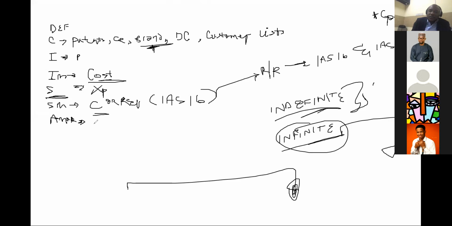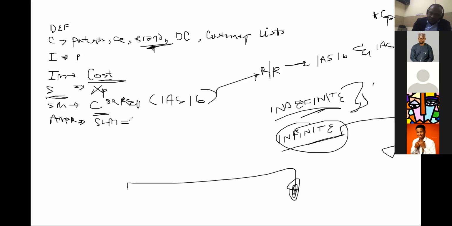So amortization will be carried out for all intangibles with a finite useful life. The formula for amortization: we'll use the straight line method as a standard practice.